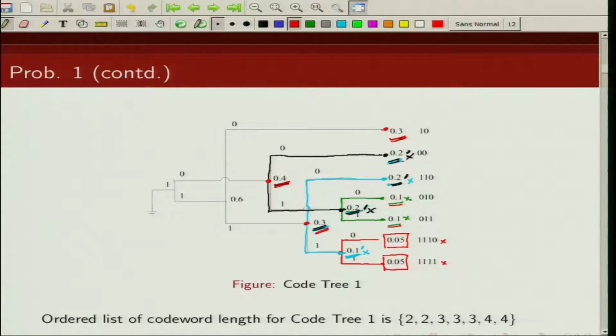So I'm going to combine these 2 nodes. This has probability 0.6, and finally I deactivate these 2 nodes, so I'm left with only 2 active nodes. One is this one, another is this one. So I combine both of them.